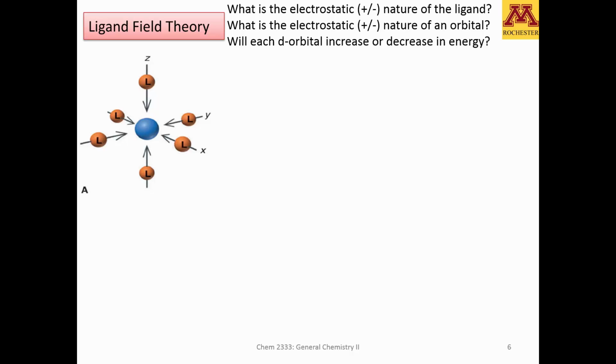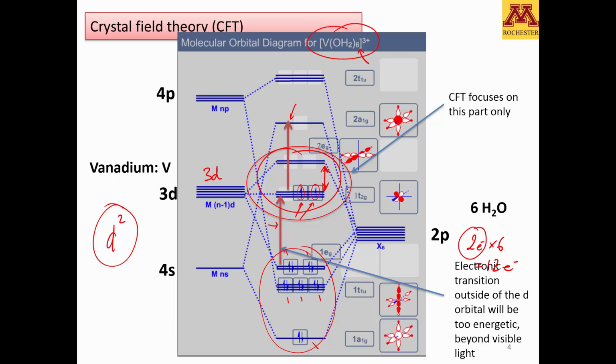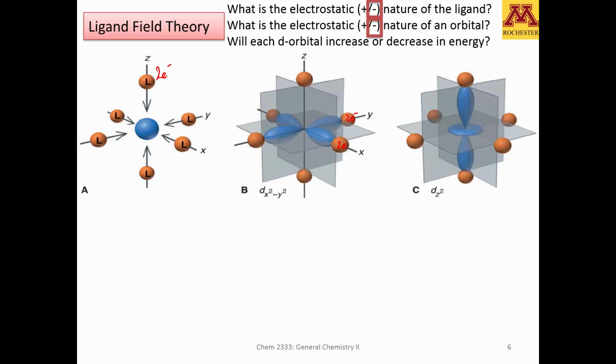Okay, so now let's see what happens if you approach the ligands, each of them carrying 2 electrons, to our d orbitals. In here you have 2 of the d orbitals, 2 out of the 5, and notice that if each ligand carries 2 electrons here and 2 here, well, if you place the vanadium electrons, remember that we want to place the vanadium electrons here in our d orbitals, there will be repulsion, right?